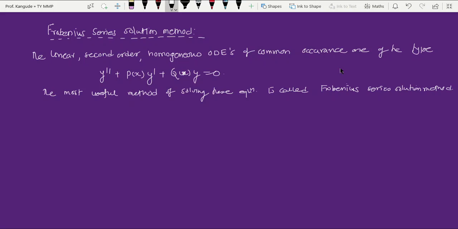This was devised by Frobenius, as I said.